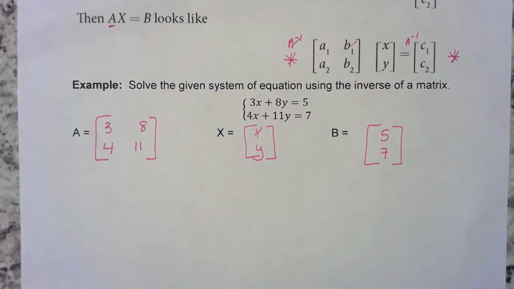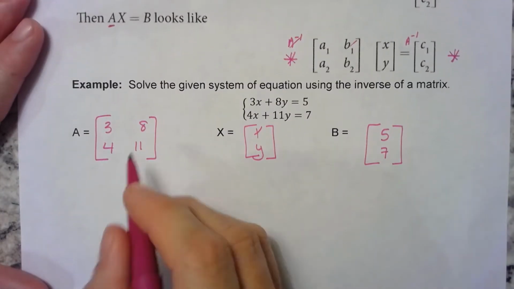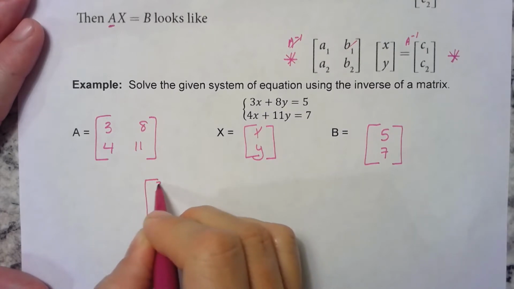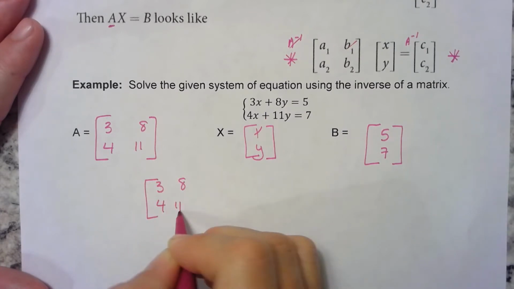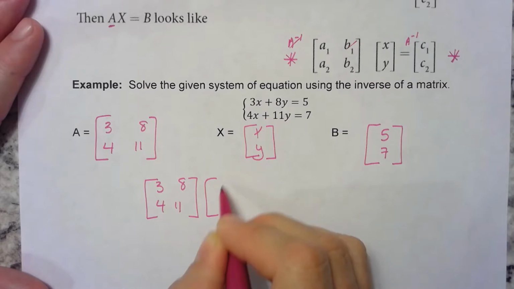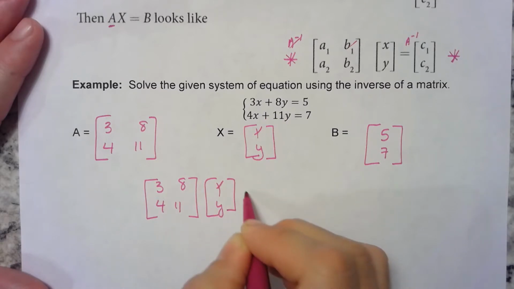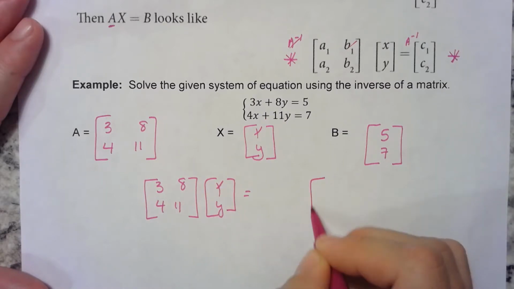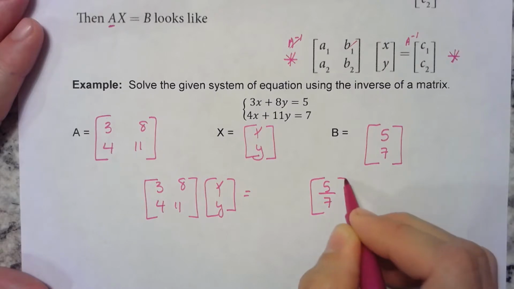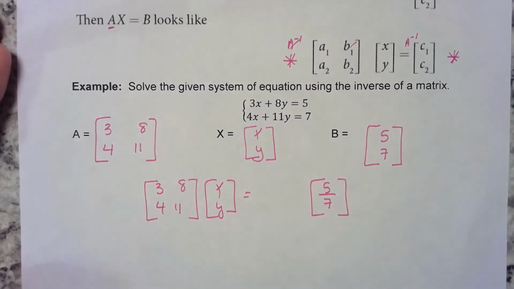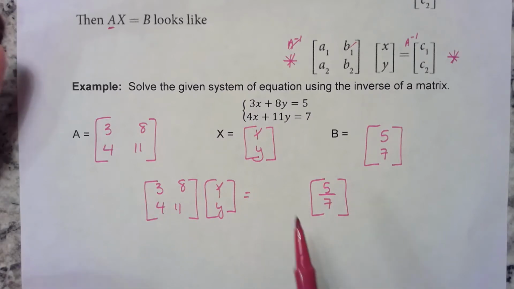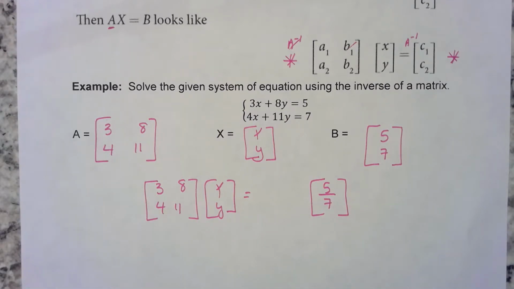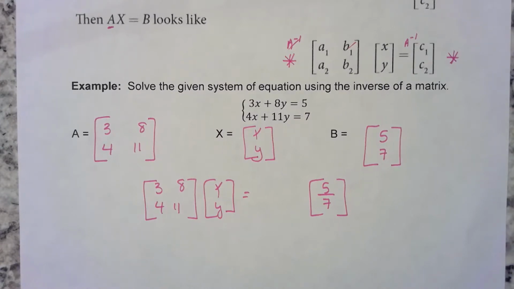Before you can solve this, actually, let me go ahead and write it out. I'm going to leave a little space in here. So if we wrote out our matrix equation, it would look like this. Of course, normally there's no space right here, but I know that I need a space. So I left that in there so we can add the inverse matrix in there.